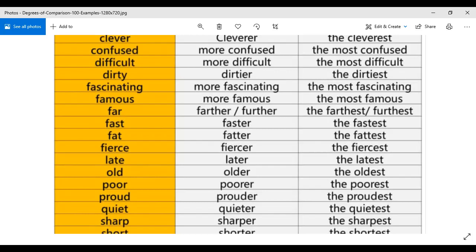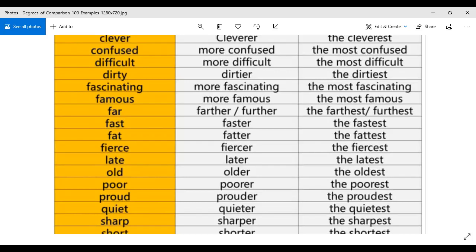This question is more difficult than the previous one, or this question is the most difficult in the paper, right? Then dirty, dirtier, dirtiest. Now the types of comparison that you have done in your book start from there: fast, faster, fastest, right? Then fat, fatter, fattest.